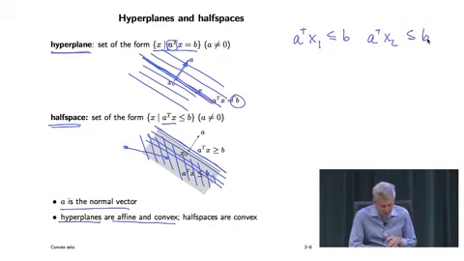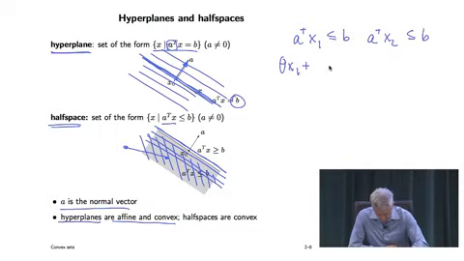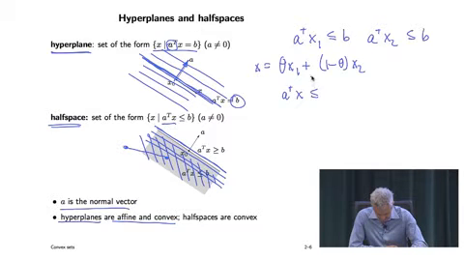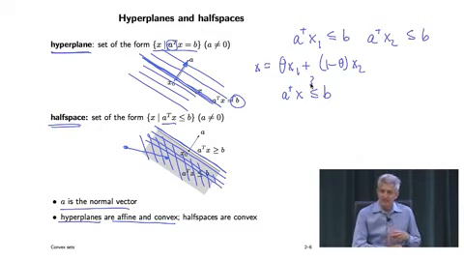That means x1 and x2 are in the half space. And now let's take a convex combination, theta x1 plus (1 minus theta) x2, and let's call that x. And the question then is whether a transpose x is less than or equal to b. And the hope is yes.